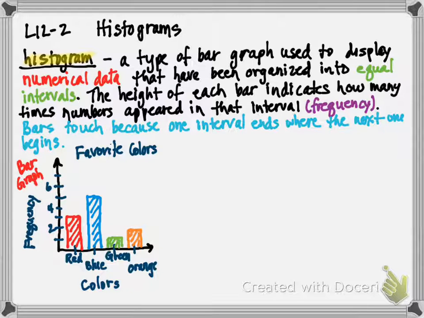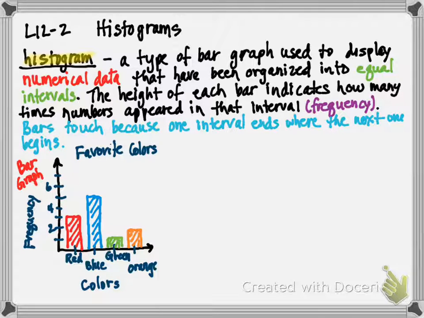It's a very visual way of presenting information, and you can see clearly that blue was the favorite color in the group of people they talked to. We could count up 3 and 5 is 8, 9, 10, 11, so 11 people were interviewed to ask their favorite color. The least favorite color in this group was green.